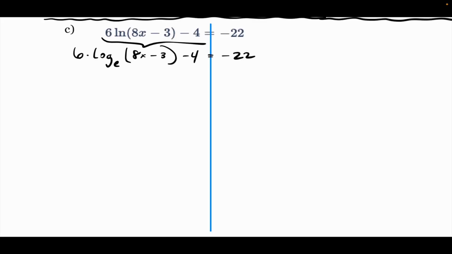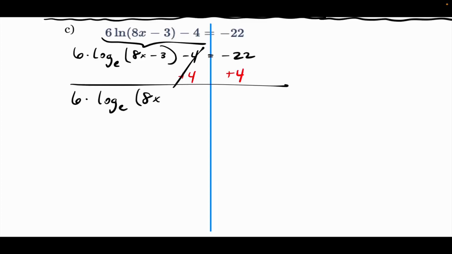So I'm going to start at the bottom, addition and subtraction. Divide by 6.